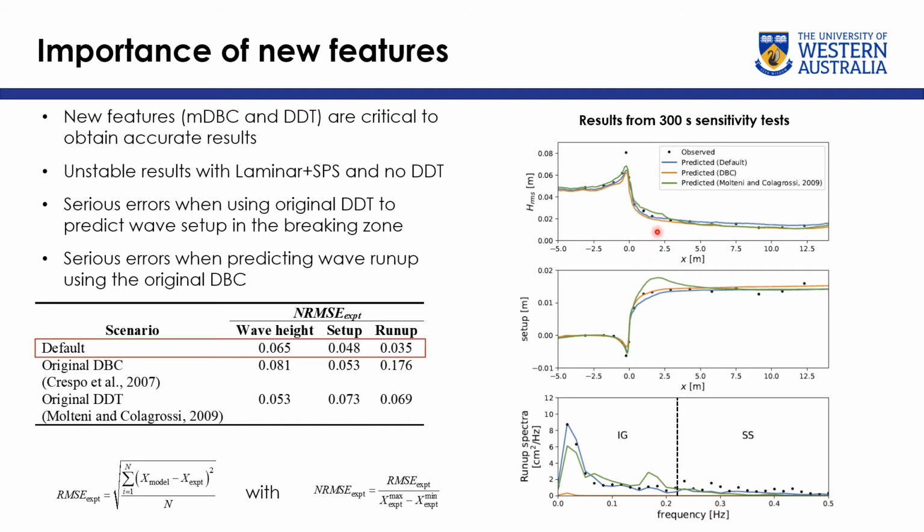Similarly, if we use the original density diffusion term, and this is a known issue, when you have breaking waves and plunging breaking waves, you can have issues with the mean water level anomalies that are occurring in the surf zone, which we can see here. And so all up, it's really these new features that have been central to obtaining the accurate results that we're obtaining in this present study.